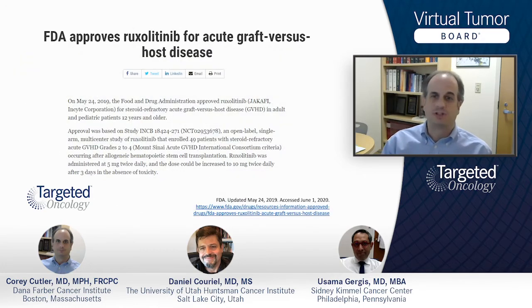I am going to talk about one agent in particular, and the reason to single out Ruxolitinib in this scenario is because Ruxolitinib was recently approved as a therapeutic for steroid refractory acute graft-versus-host disease. It was approved on the basis of the single-arm open-label phase 2 REACH-1 study.